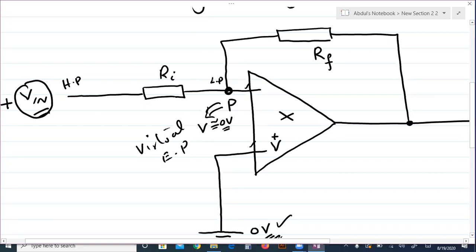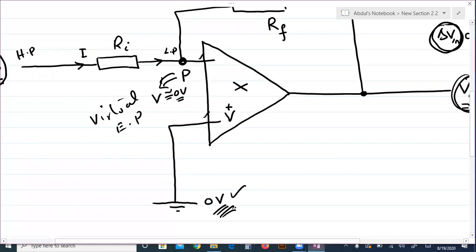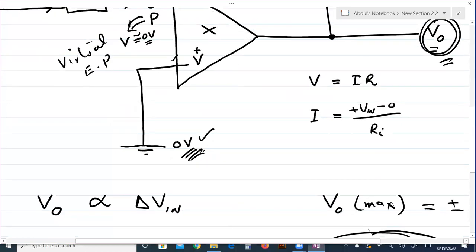So due to potential difference, current will flow from high potential to low potential, from left to right in the Ri resistor, and according to Ohm's law, V is equal to IR. So this I current will be the difference of the two potentials. One is positive input, other side is approximately 0, and in between the resistance is Ri. So this current is V input divided by Ri.